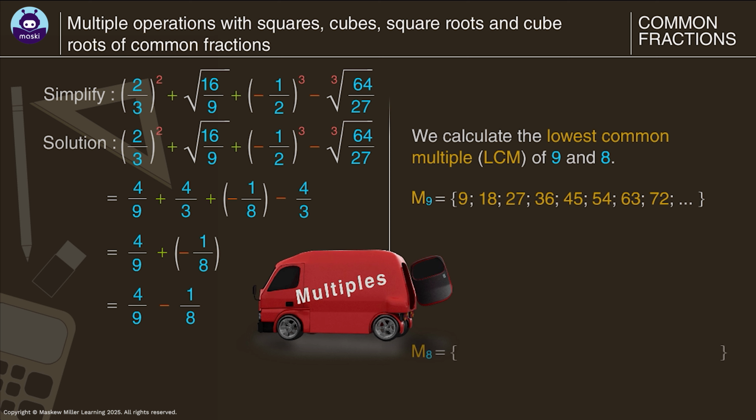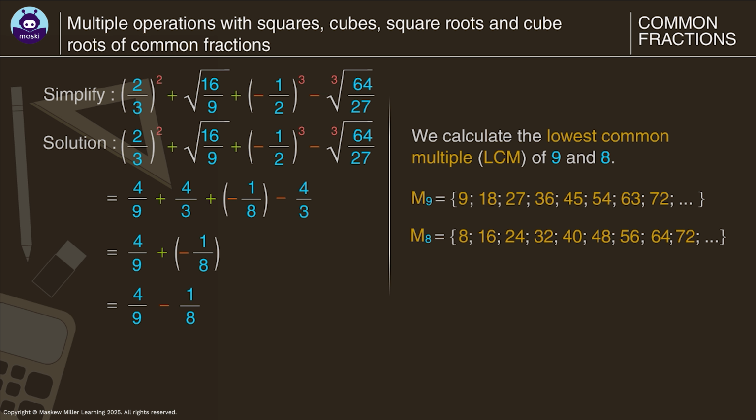The multiples of 8 are 8, 16, 24, 32, 40, 48, 56, 64, 72, and so on. We can see that the LCM of 9 and 8 is 72, so we convert the fractions to equivalent fractions.